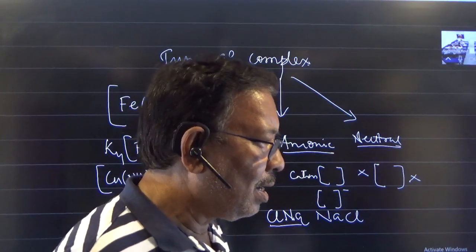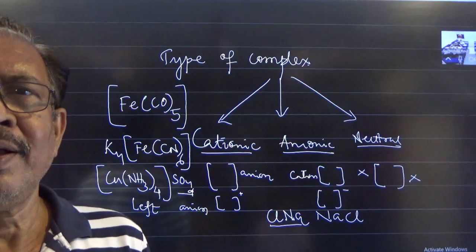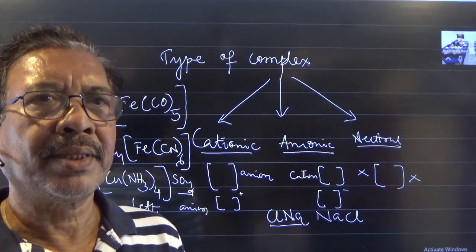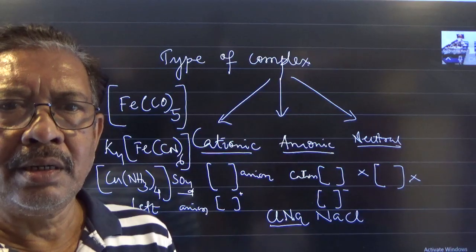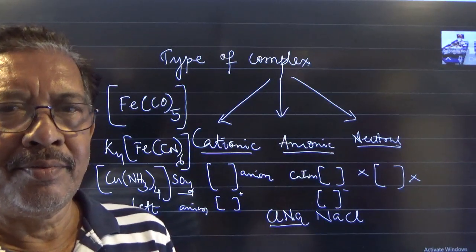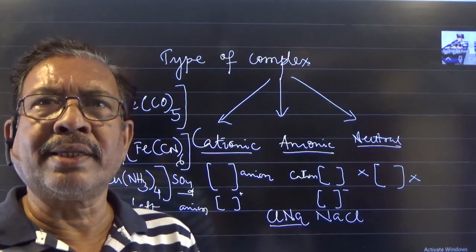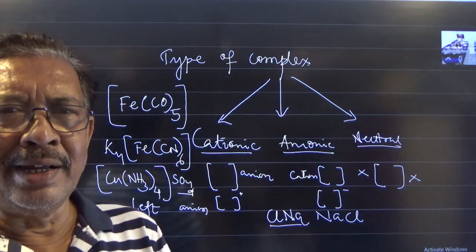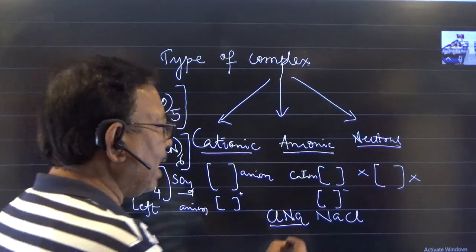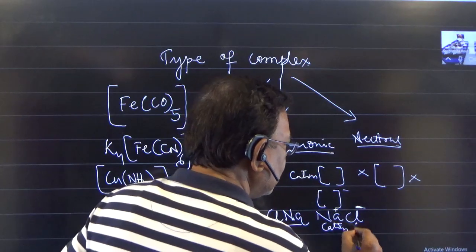Have you seen sodium chloride? Sodium chloride is known as table salt. What you eat at home, when you make Indian curry, you just put sodium chloride, that is NaCl. So Na is positively charged, chloride is negatively charged. So this is your cation and this is your anion.